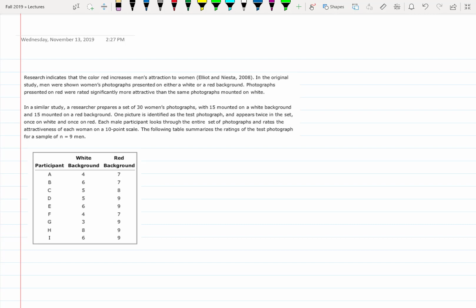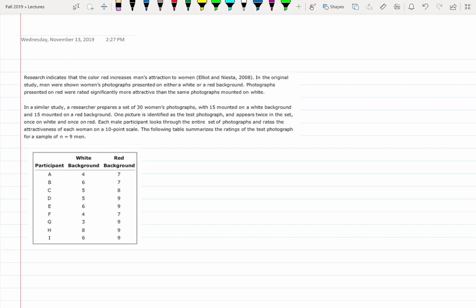Do we have a single sample and we're comparing the sample mean to a population mean? Does not look like that. We do have a single sample, but there's no population mean in the problem. In fact, what we're doing here is a repeated measures study, because the same men rated both the white background photos and the red background photos.